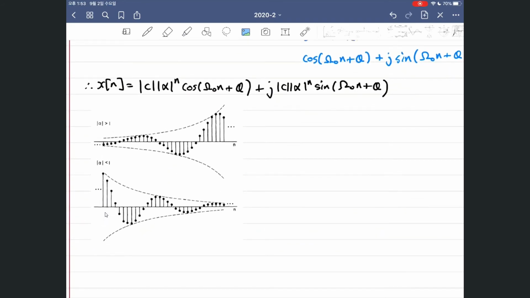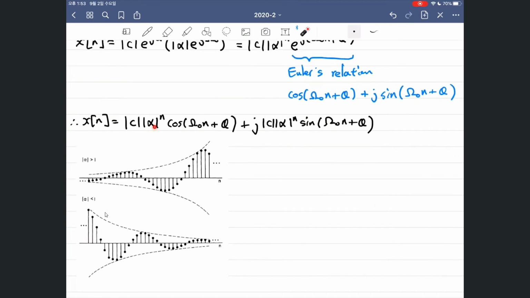So, as always, it depends on the value of alpha, right? Because the magnitude of C is not related to n, and sine and cosine are constrained already, so the growing or decaying phenomenon depends on the value of the magnitude of alpha, okay?